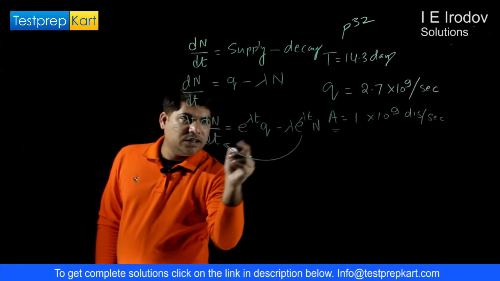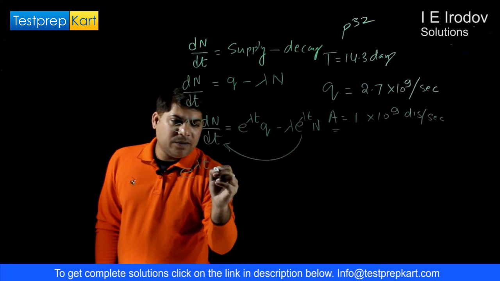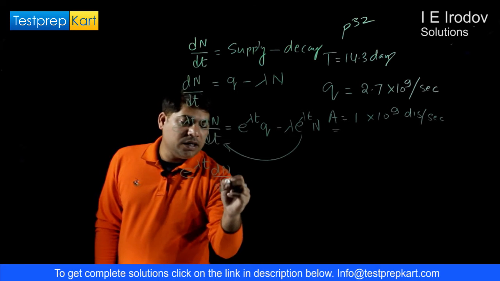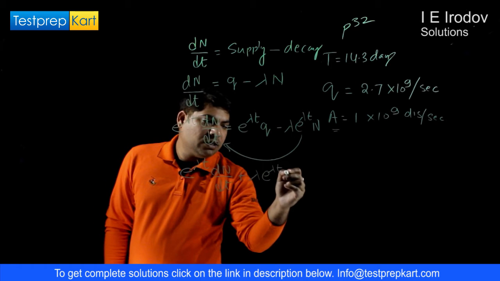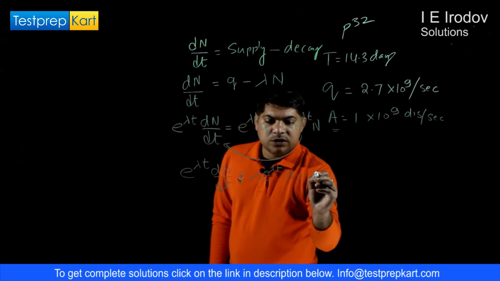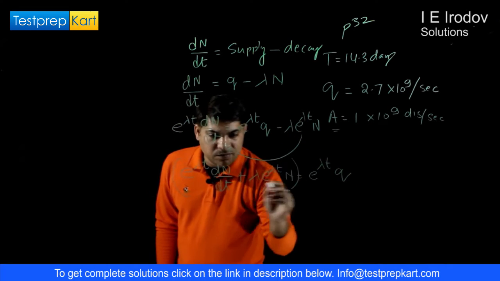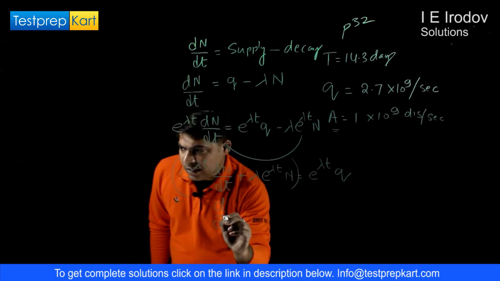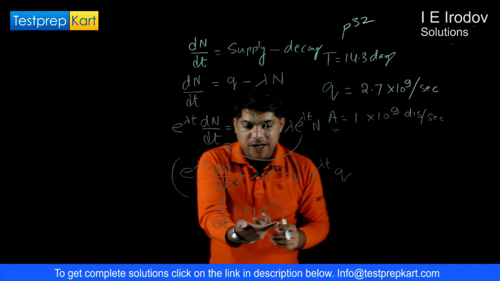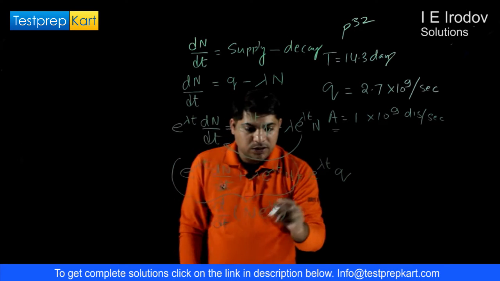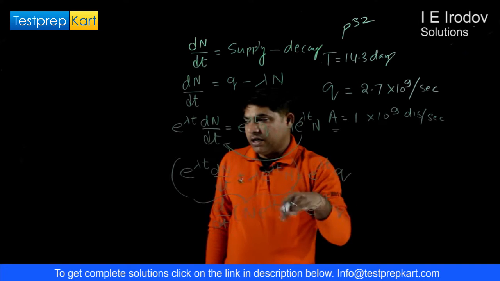Shifting this term to the left side, we can rewrite it as e^(λt) dN/dt + λ e^(λt) N = e^(λt) Q. This left side can be combined as d/dt (N e^(λt)). If you expand this term, we get the same expression, so basically we are using mathematics in reverse order.